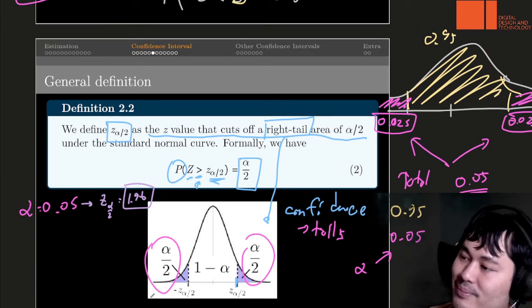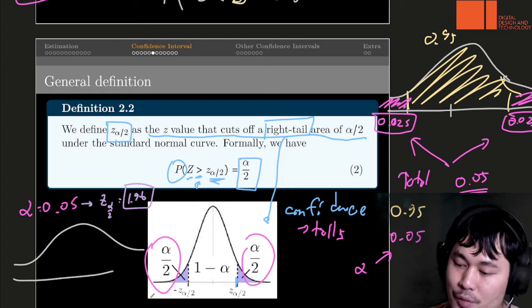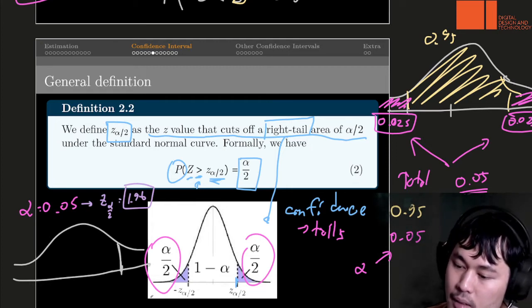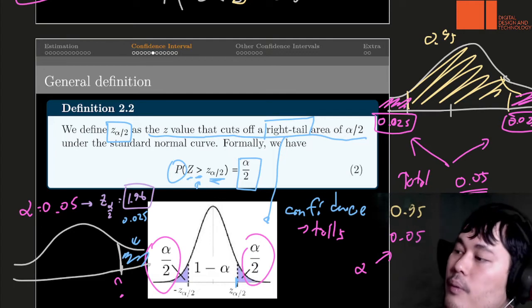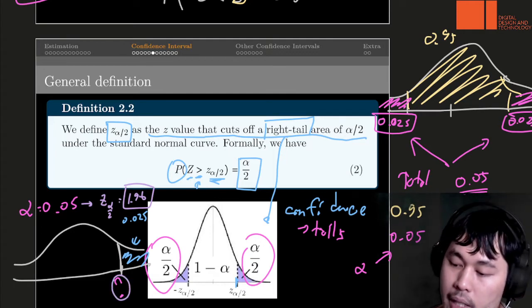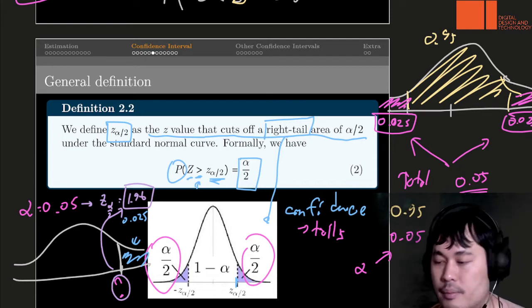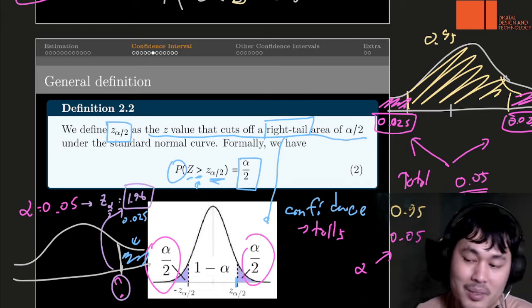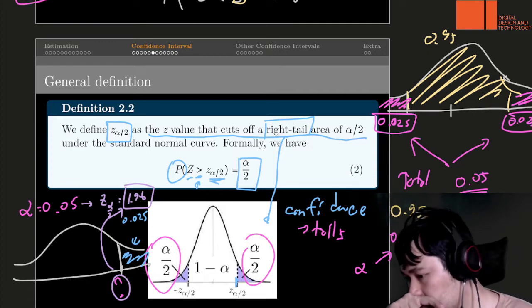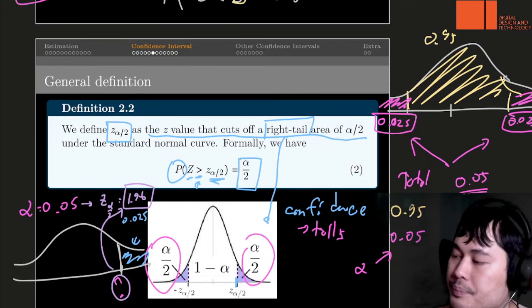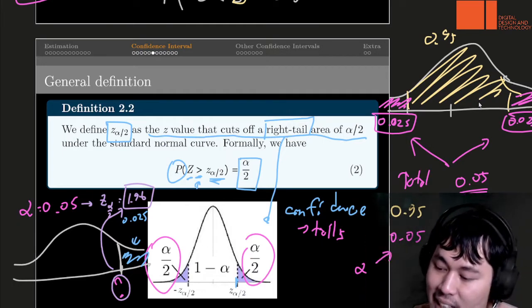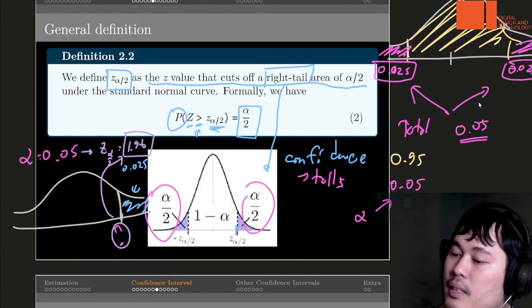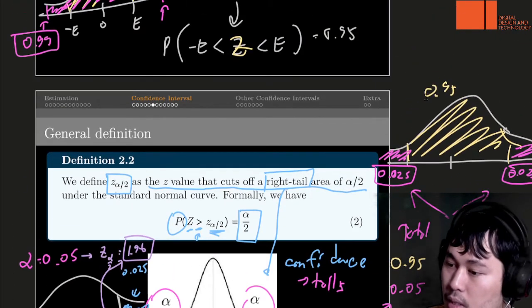If you open the app and use the app to find where the point is where this area is 0.025, alpha divided by 2, you would discover that this point is about 1.96. So that's the cutoff. We want the area inside to be this big, then that cutoff point must be that number. So that's the general definition.